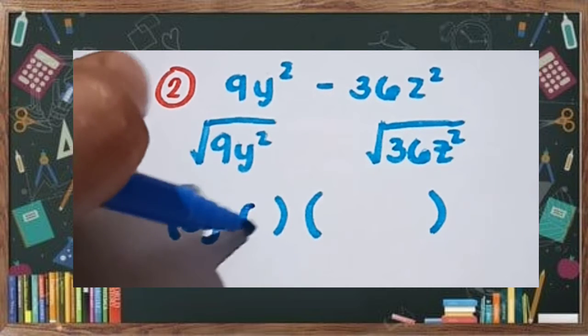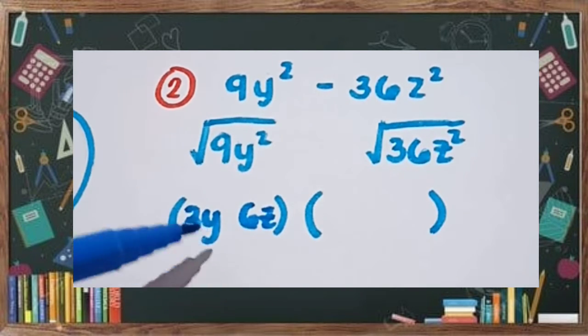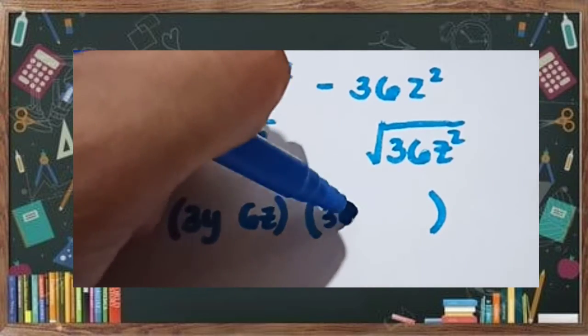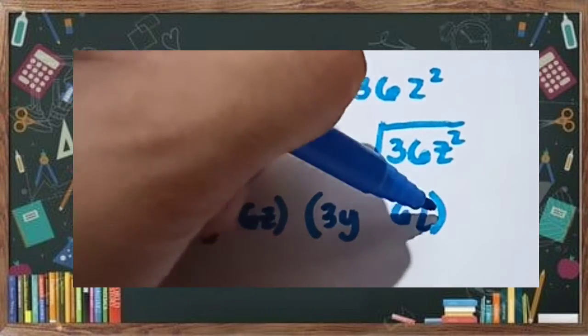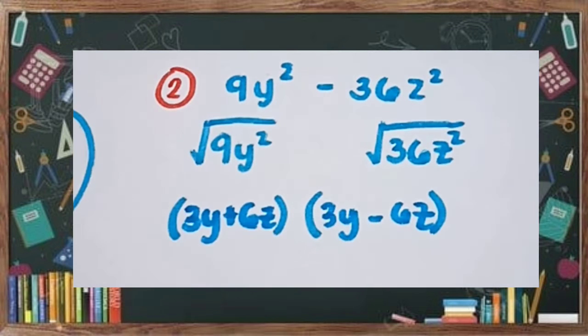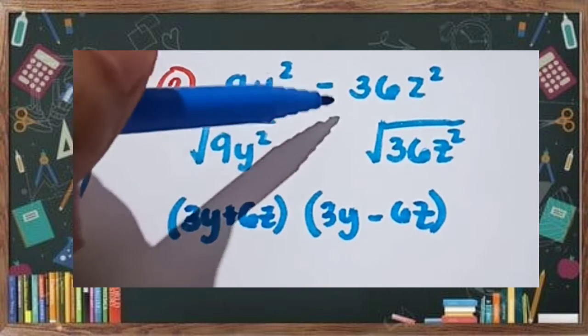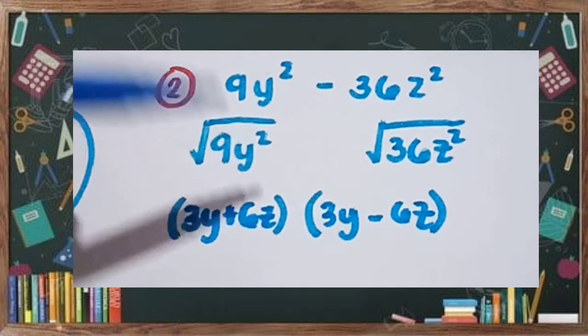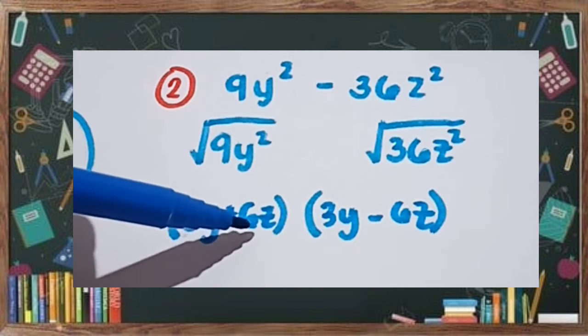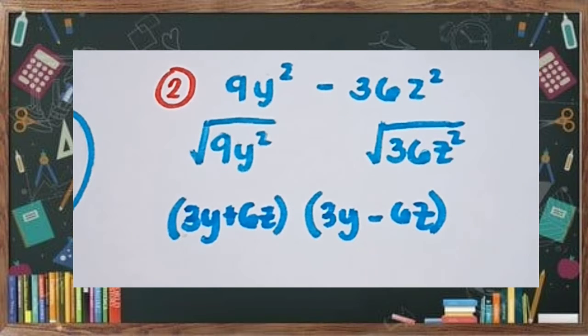It is 6z. Kung ano yung isinulat natin dito, ganun din yung isusulat natin dun sa kabila. Kaso, magkaiba ang kanilang sign. So, therefore, the factors of 9y squared minus 36z squared ay 3y plus 6z and 3y minus 6z.